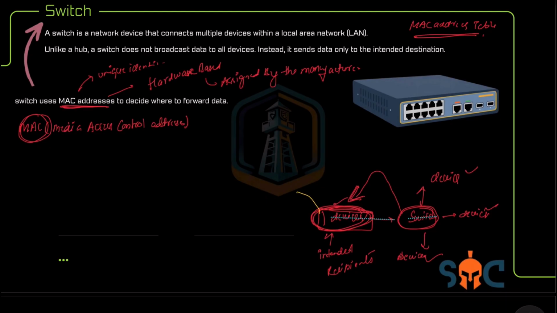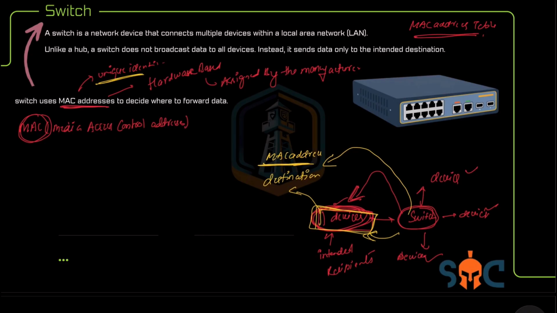In this case, this particular device is the destination, and the switch reads the MAC address of this intended recipient and forwards data only to this device. How? Via a MAC address. A MAC address is a unique identifier for this particular device, hardware based and assigned by the manufacturer.